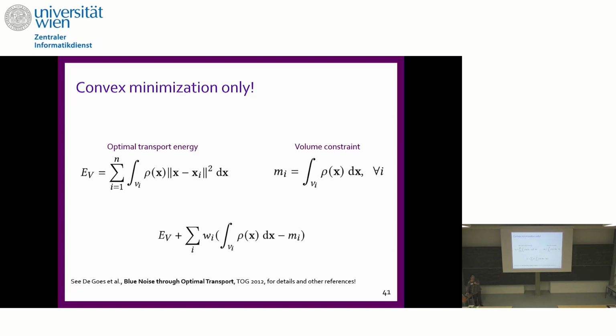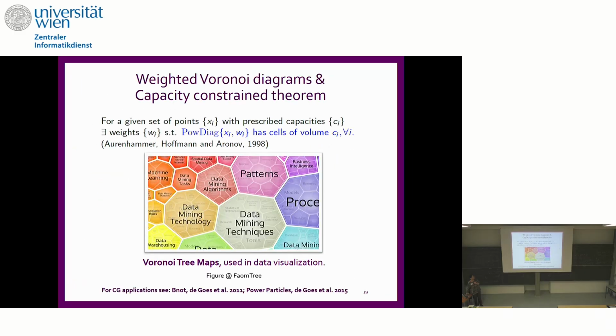For example, think of the example that I've shown here for data representation. That was maybe the most common application. Imagine you have a data set for which you would like to have a partition, for example, for visualization purposes, that provides bigger cells based on the capacity that is assigned to them.